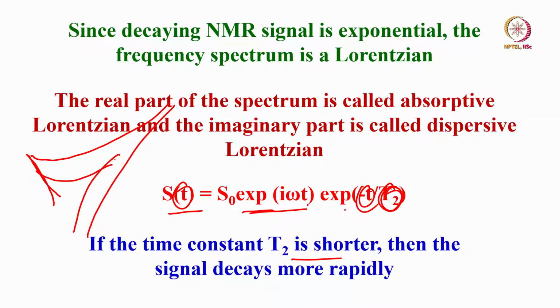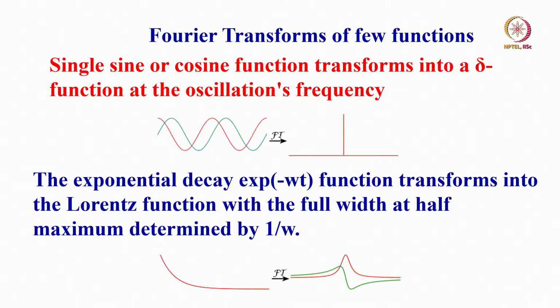A similar expression we are going to discuss for T2 and T1 as we go ahead for relaxation studies. You will see that the T1 and T2 which come in the denominator, there also you will find that when the signal decays very fast in the xy plane, you are going to get a broad signal. So this is where you understand where the Lorentzian and Gaussian will come into the picture.